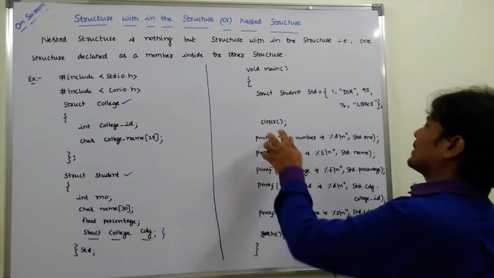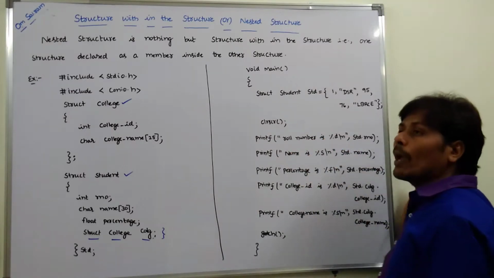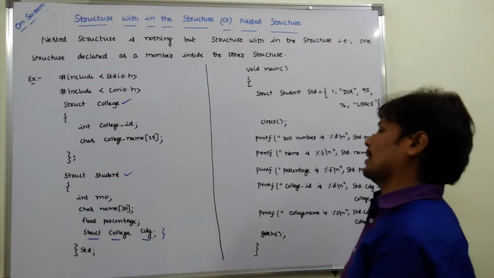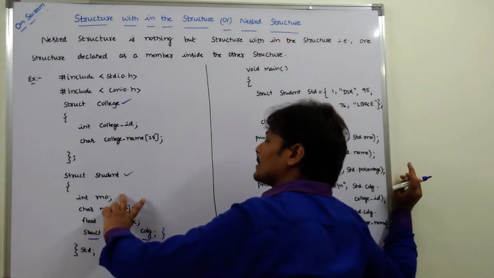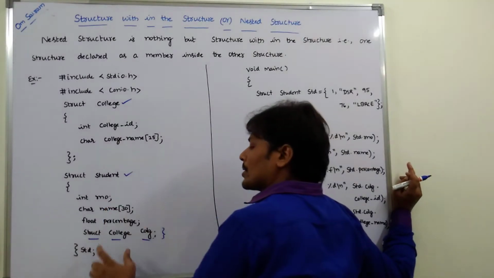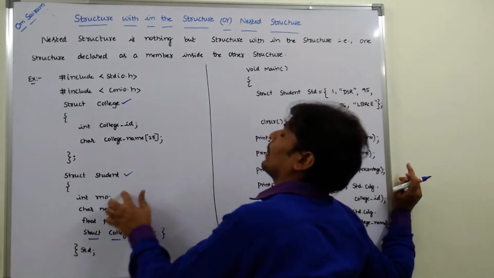Okay. Next, clrscr, printf roll number. How to access each and every member in the structure? To access these members in the structure, use the structure variable name, structure variable dot member name.